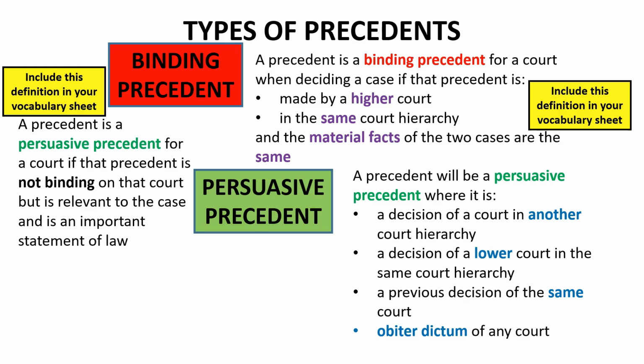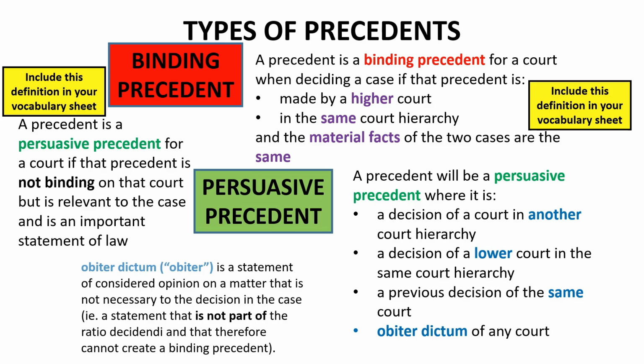The fourth situation in which a precedent will be a persuasive precedent is where the precedent is obiter dictum. Obiter dictum, sometimes just referred to as obiter, is a statement of considered opinion on a matter that is not necessary to the decision in the case.